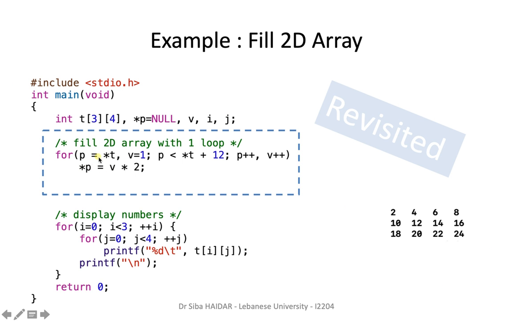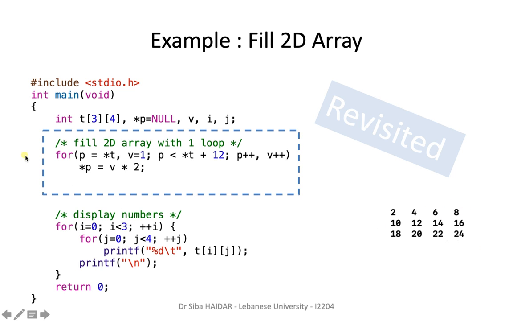For p equal dereference t, I initialize a value to 1, p less than dereference t plus 12 places. I advance p and I advance the value, and every time I dereference p and I put inside it double the value v. So I will put 2, 4, 6, 8, 10, 12, 14, 16, 18, 20, 22, 24.